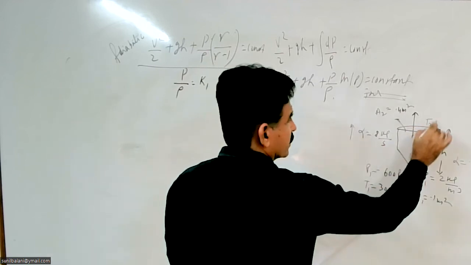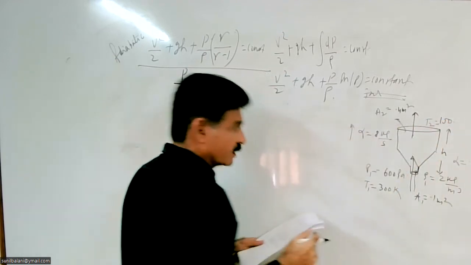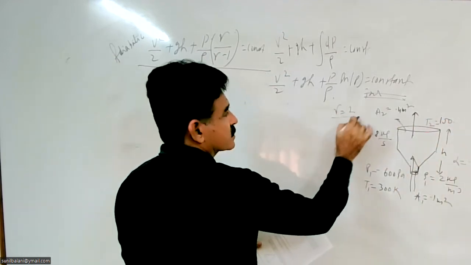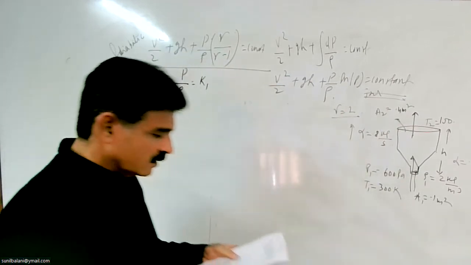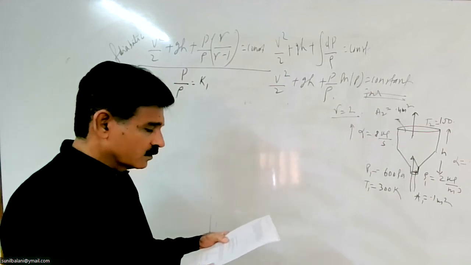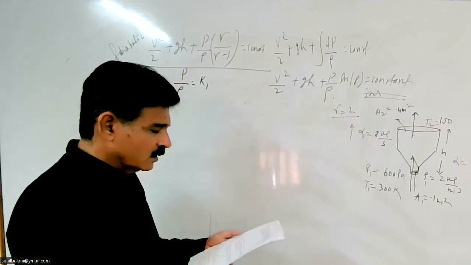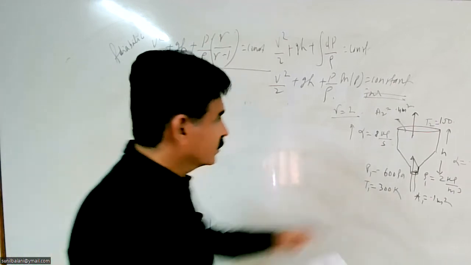The temperature up here is 150. G is to be taken as 10 and gamma is to be taken as 2. So now we have to calculate what all the things. Pressure of the gas at the upper end, velocity of the gas at the lower end and upper end, height of the chimney, and the density of the gas at the upper end.